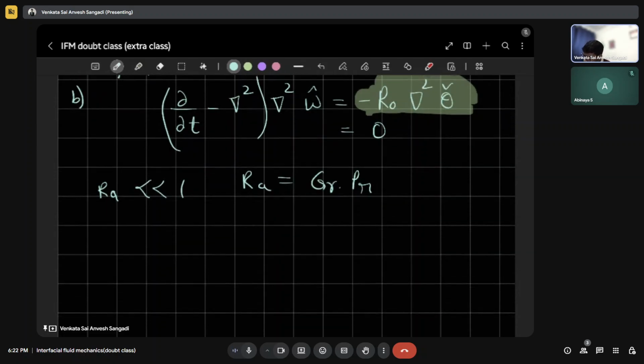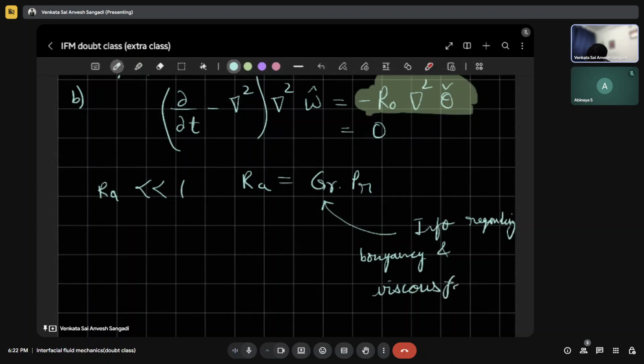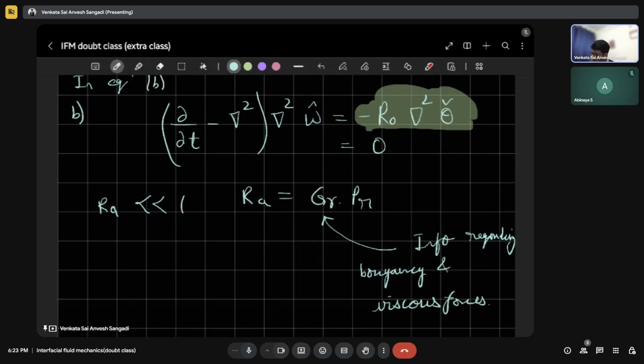More importantly, the Grashof number inherently has the information regarding buoyancy and viscous forces. It is basically the balance of buoyancy, viscous, and inertial forces. So basically, the Grashof number has to be small.